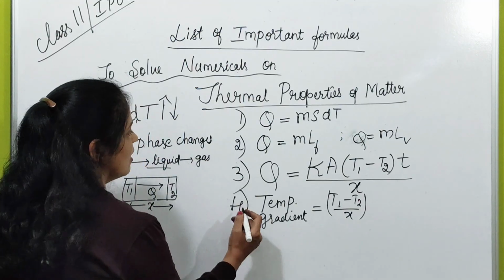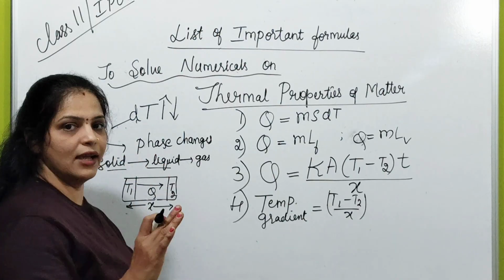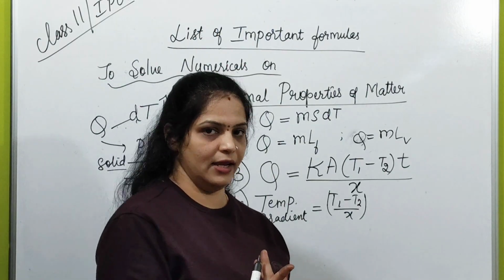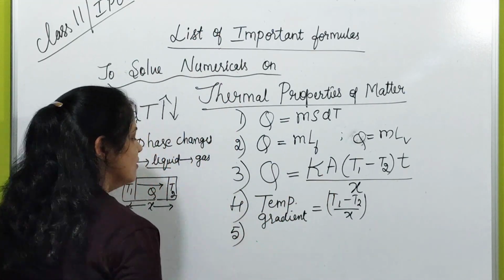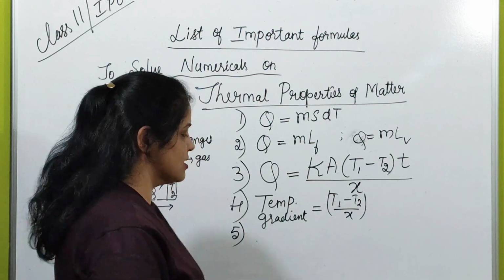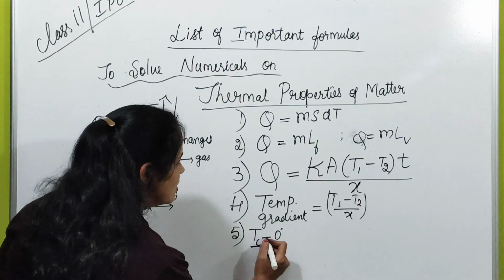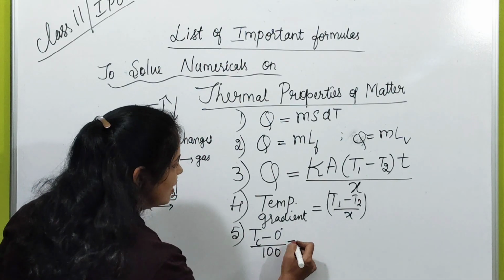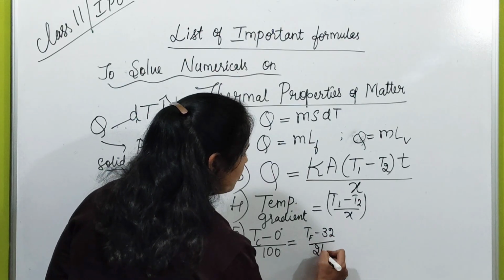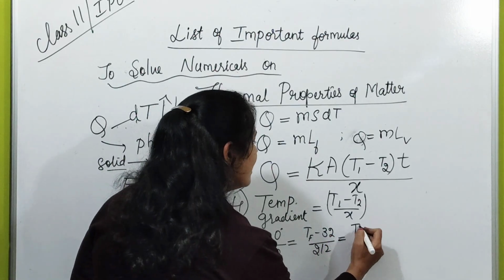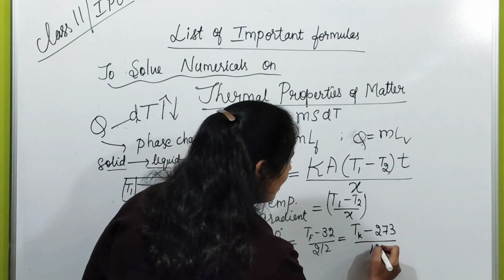Now, there are three scales to measure temperature: Celsius scale, Fahrenheit scale, and Kelvin scale. You can use this expression to convert from one scale to another: (Tc minus 0) by 100, that is equal to (Tf minus 32) by 180, that is equal to (Tk minus 273) by 100.